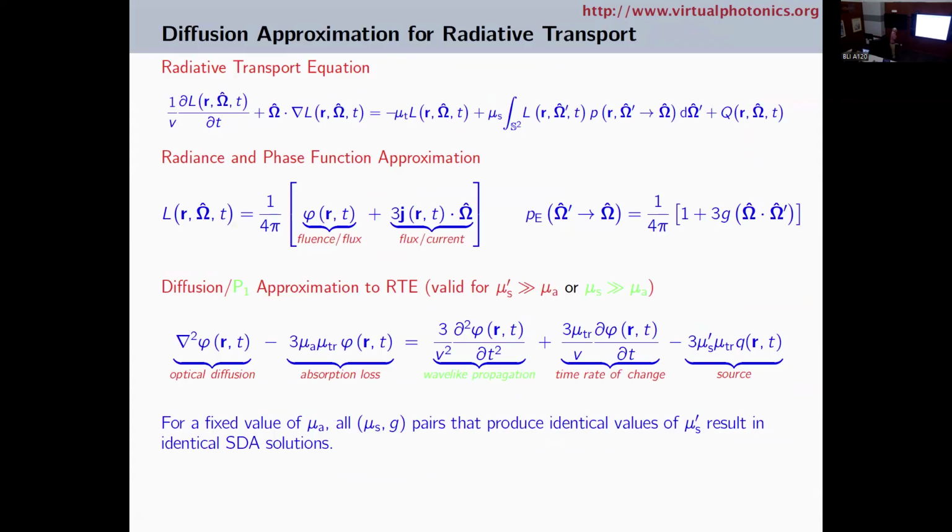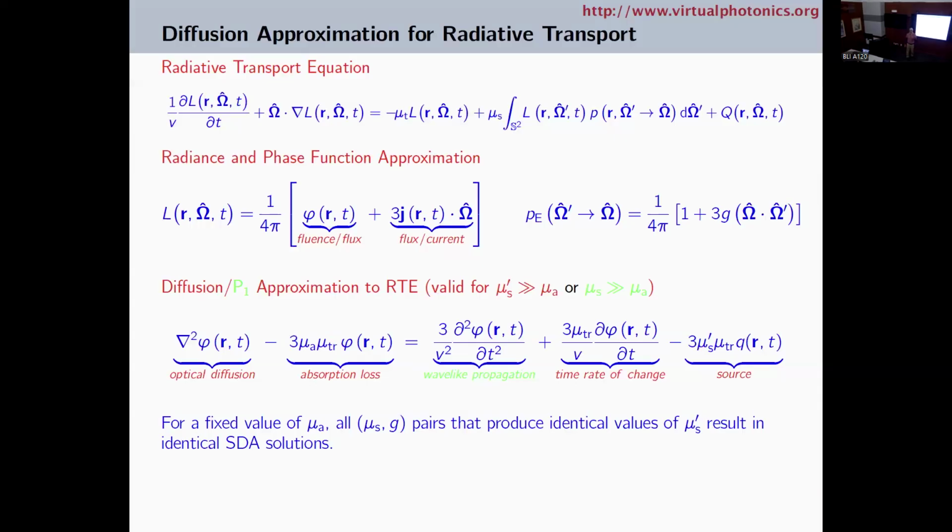In the SDA, you don't deal with collimation explicitly, and you have two components that you have to solve for, right? Therefore, you can only have two independent optical coefficients.